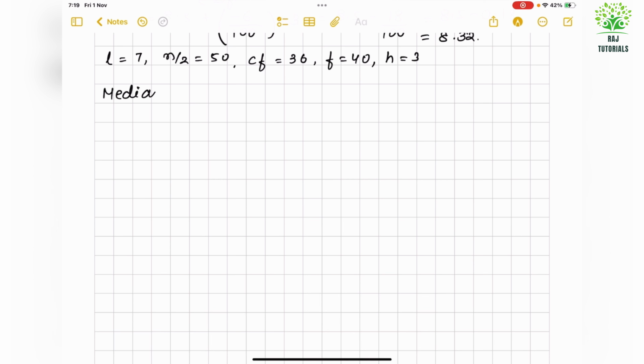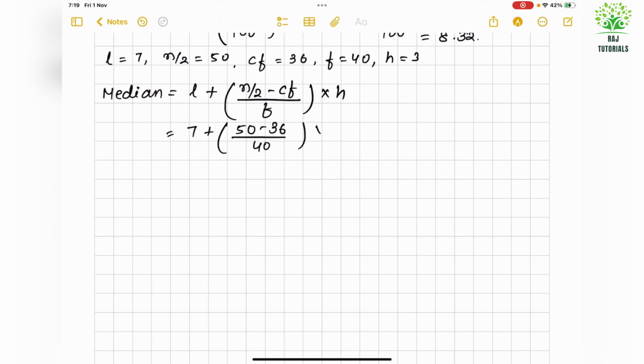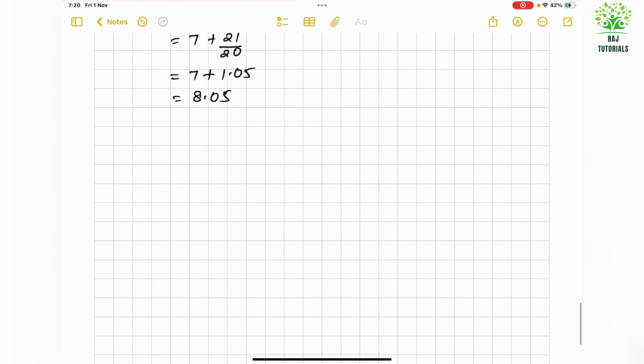So median equal to L plus n by 2 minus cf upon f into h. So 7 plus 50 minus 36 upon 40 into 3. So that is 7 plus 14 upon 40 into 3. So 7 and 20. So 7 plus 21 upon 20. So 7 plus 1.05. So that is coming as 8.05.